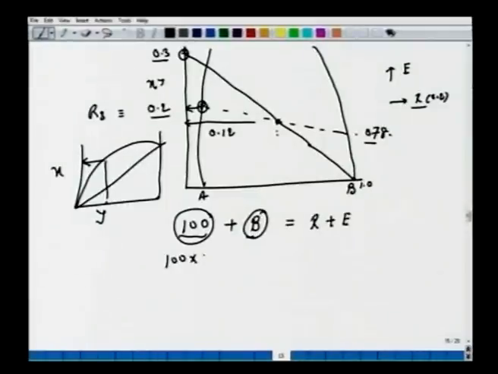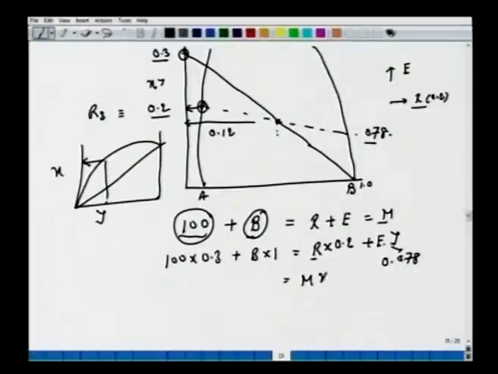We have 100 into 0.3 by the mixing rule, plus B into 1, and we have this R, raffinate, into 0.2 here, plus E into y, so this is 0.078. This is now your mixing point M, and similarly we have M into XM, where XM is 0.12. If we do this small calculation, we can find that the amount of solvent here is 150 kg.